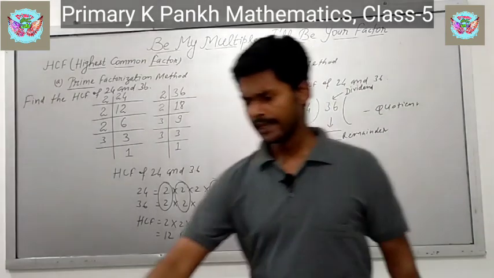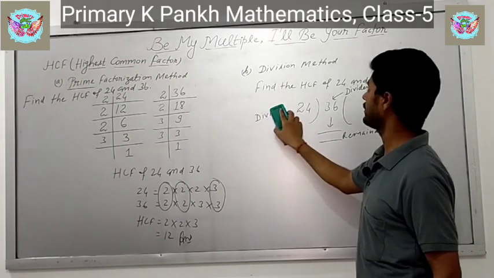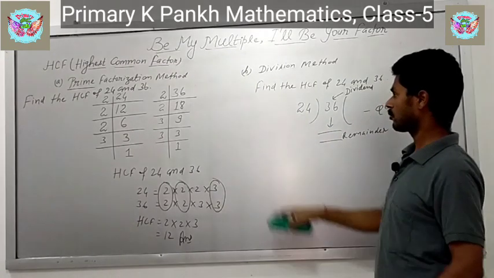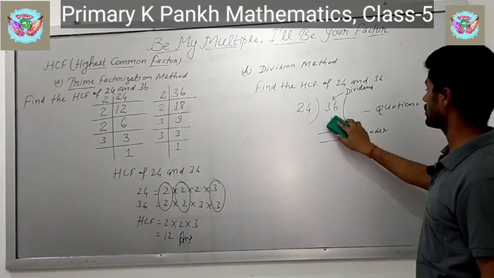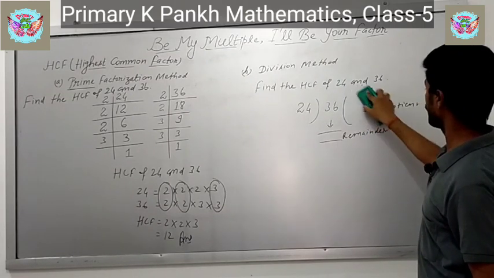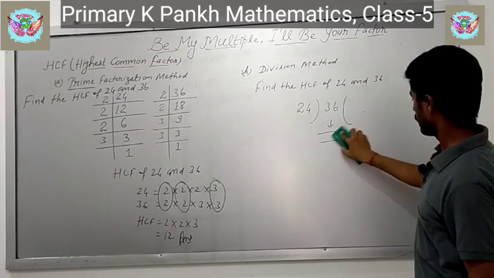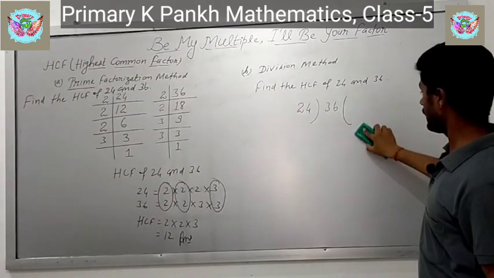So in this method, we have to find the HCF of 24 and 36. Here 24 is the divisor, 36 is the dividend, and now we have to find the quotient and remainder. Look here carefully.